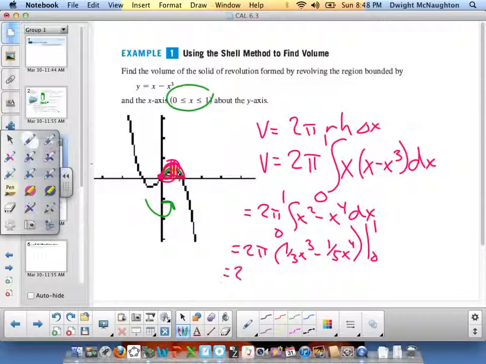So what we got is 2 pi times 1/3 minus 1/5. 1/3 is 5/15 minus 3/15 is 2/15. So 4 pi over 15.